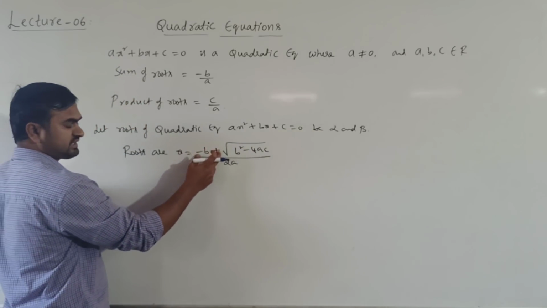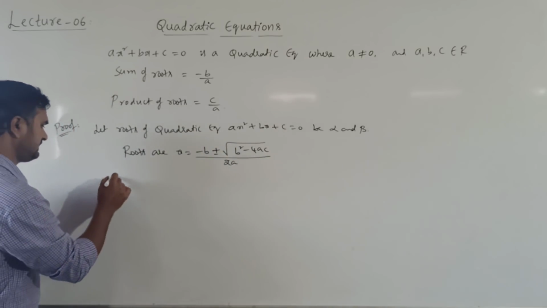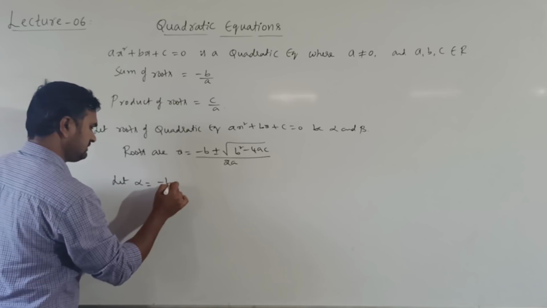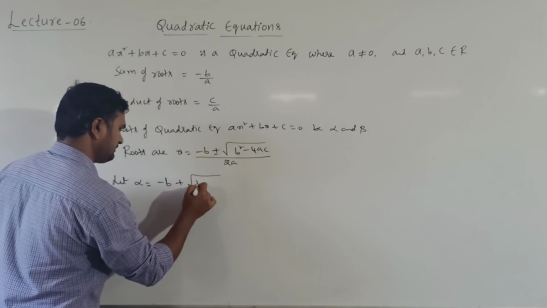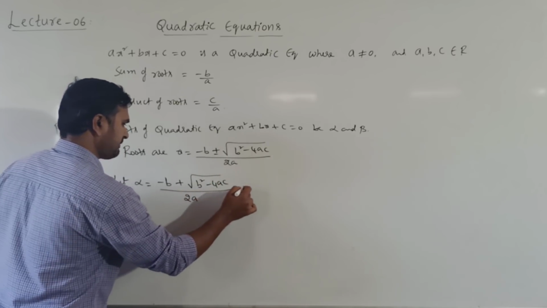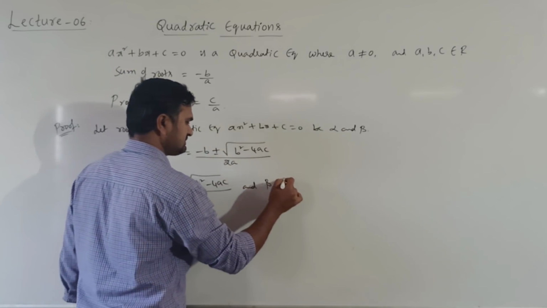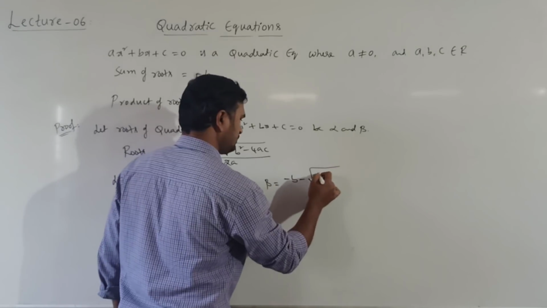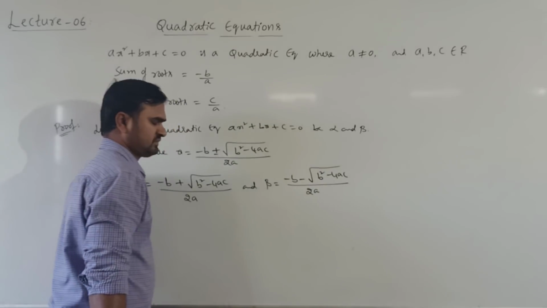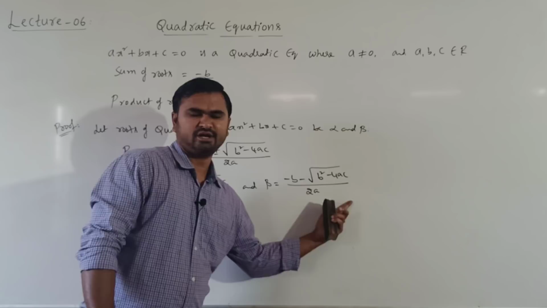By taking plus we get one root, and by taking minus we get the other root. So alpha is minus b plus root of b square minus 4ac by 2a, and beta is, by taking minus, minus b minus root of b square minus 4ac divided by 2a. These are the two roots, one is alpha, another is beta.